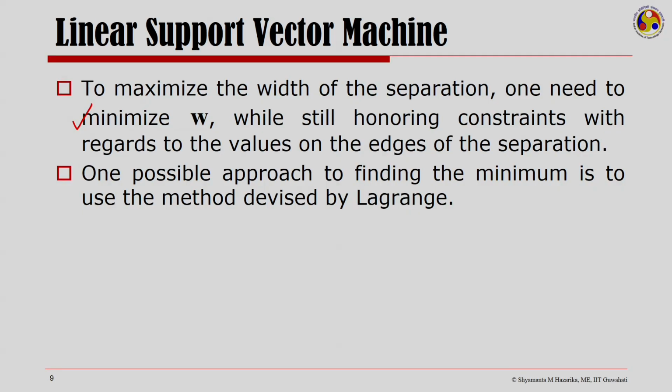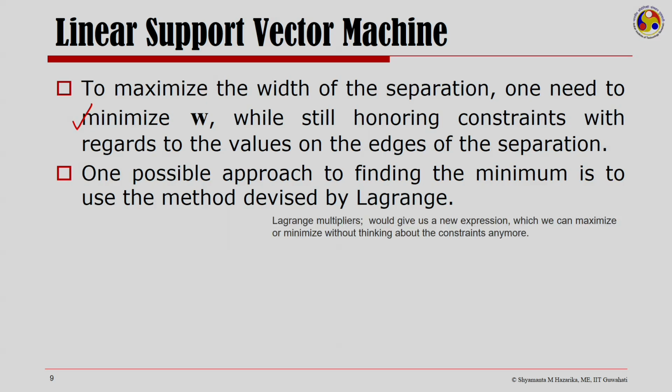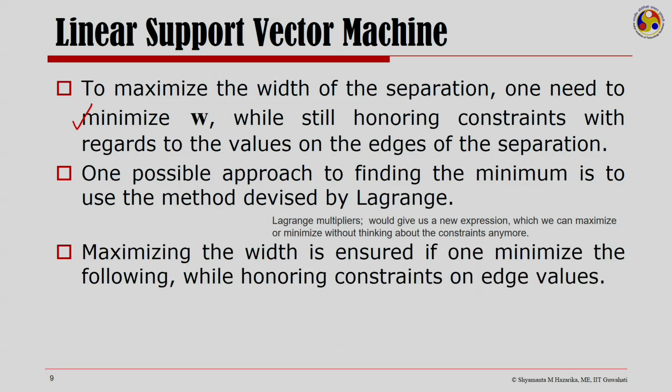One possible approach to finding the minimum is to use the method devised by Lagrange. The Lagrange multipliers give us a new expression which we can maximize or minimize without thinking about the constraints anymore.